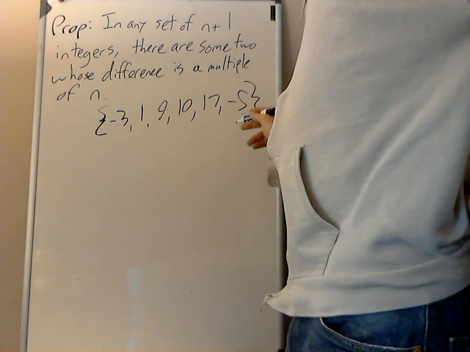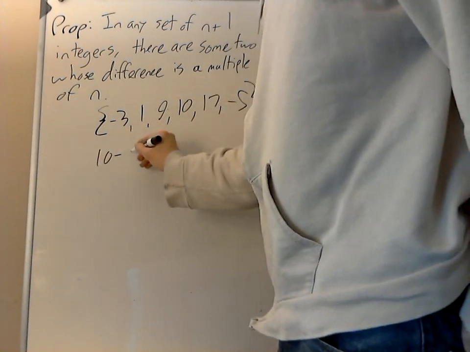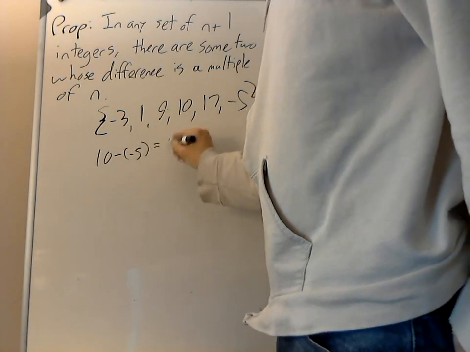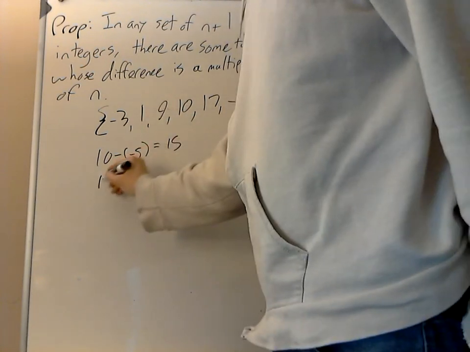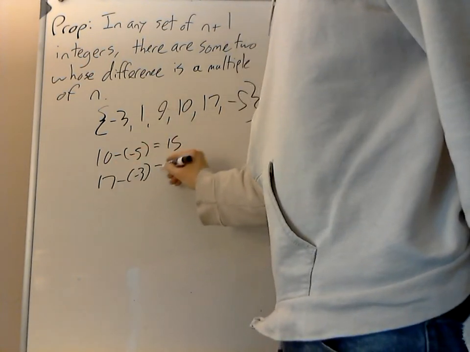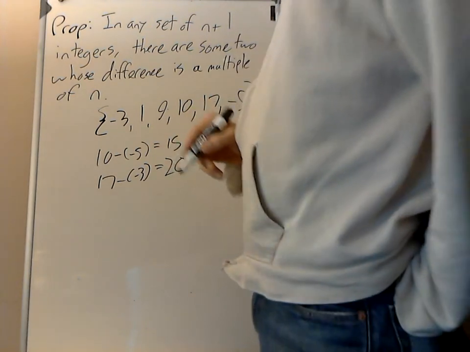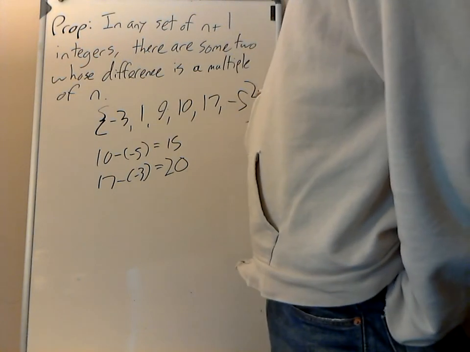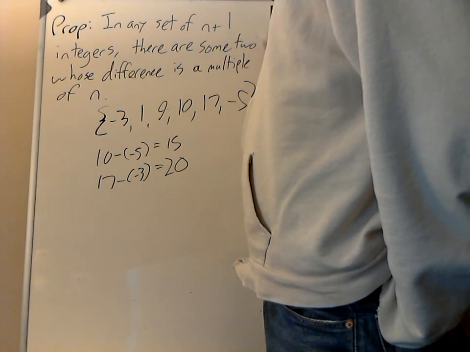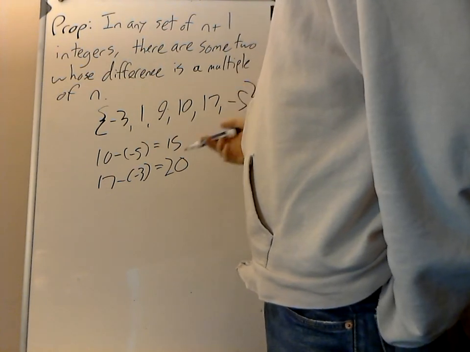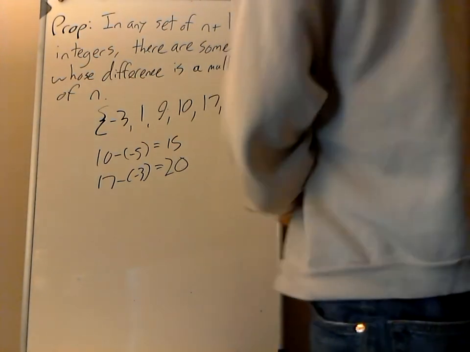And one quick example would be 10 and -5. Another example might be 17 and -3. Now you can check for yourself any kind of examples that you like. And if you have n+1 integers, there will be some pair of them whose difference is a multiple of n. And the question is how to see why this is always true.